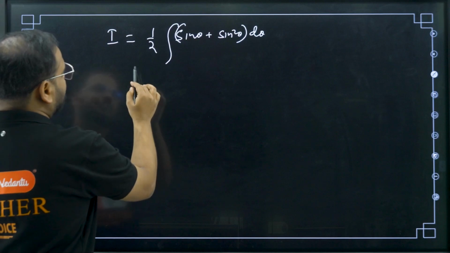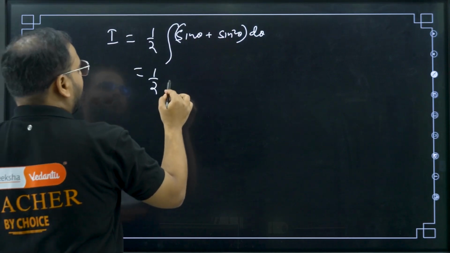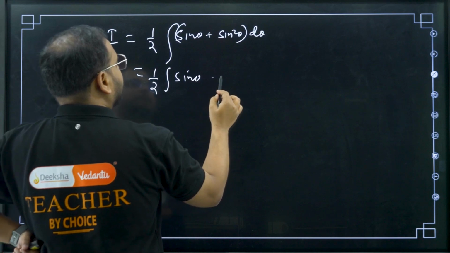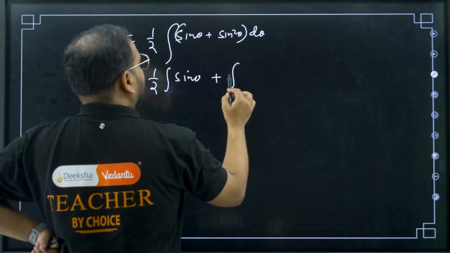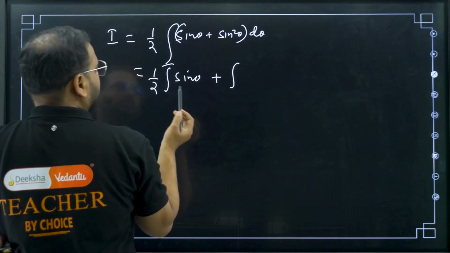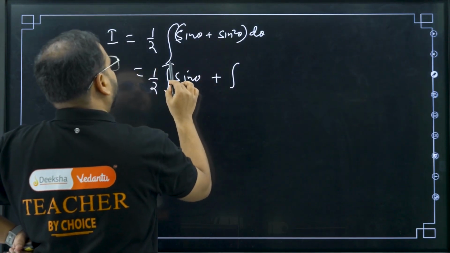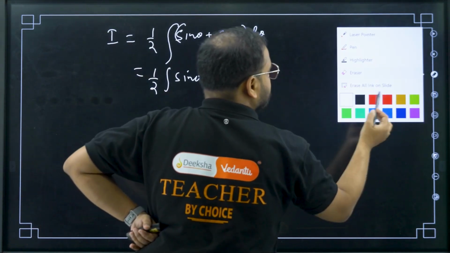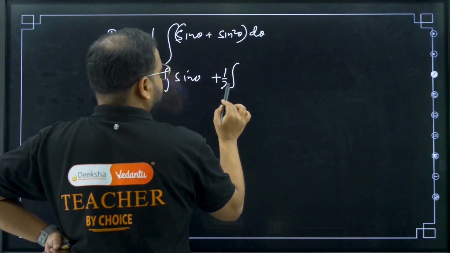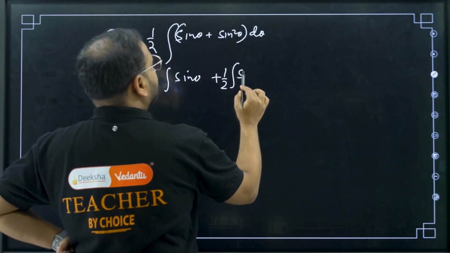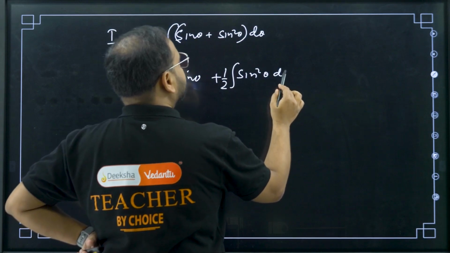Do one thing over here. Separate it and write this as integration of sine theta d theta, again taking 1 by 2 over here also, because 1 by 2 multiplies the entire integration, no? Plus integration of sine square theta d theta.